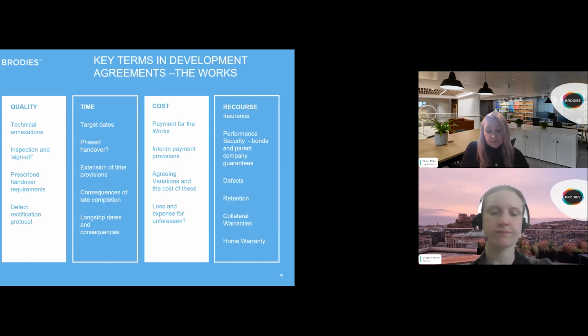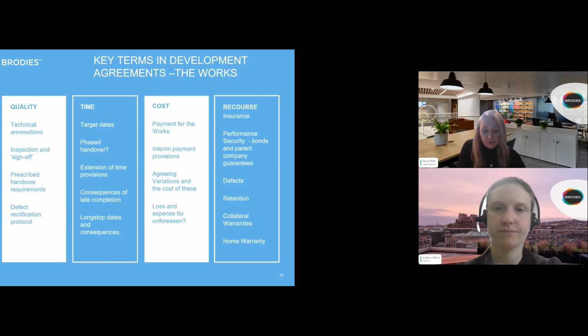Looking at cost, the development agreement will set out the price payable for the construction works and the basis of that price, whether it's lump sum, remeasurable, etc. There'll usually be a mechanism to allow the RSL to request any variations during the course of the works, and a mechanism to decide how the cost increases related to variations will be paid for.